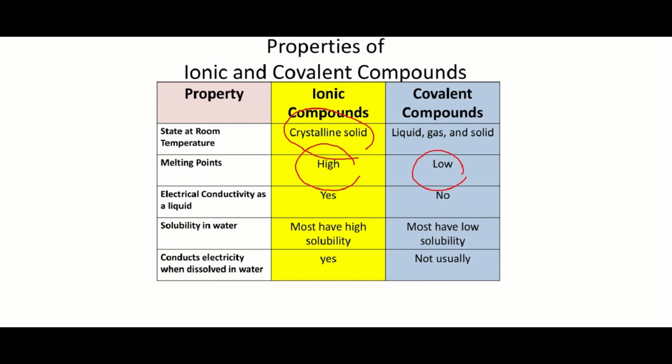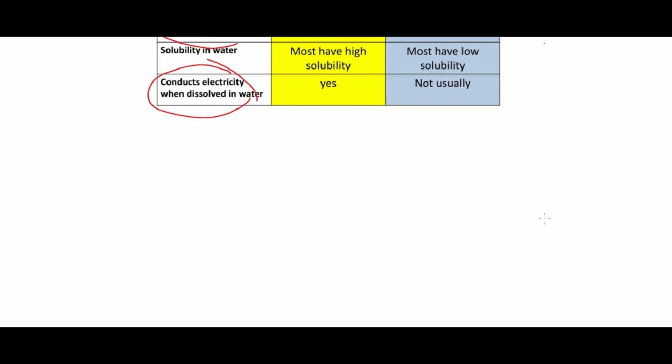All right, then you also have the conductivities of electricity when they're molten and when they're dissolved in water. And so these are several ways you can distinguish between the two, but now we're in the topic of how to name these things. And so it's going to be important to distinguish between these to understand why we have these rules in place.